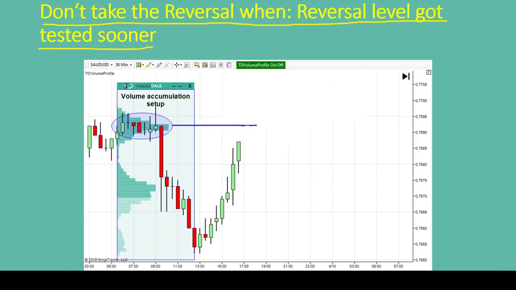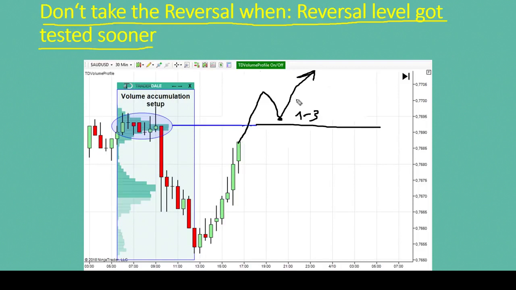The last rule is don't take the reversal when the reversal level got tested sooner. What this means is when the price doesn't respect the level, it goes past it, and then you wait for a reversal, but a reaction occurs a little bit before the actual level. Let's say 1, 2, 3 pips sooner.